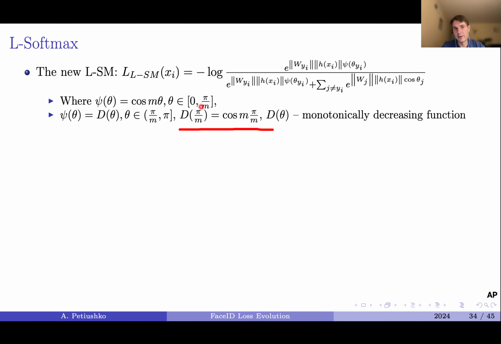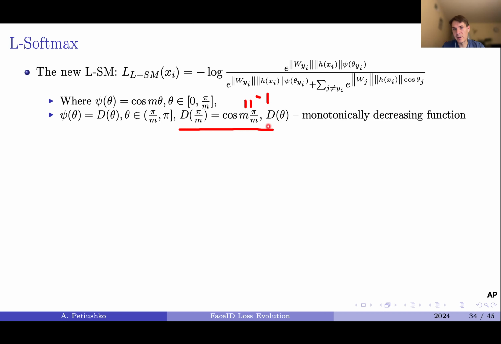So at the left point, D of pi over m should be the same as cosine of m multiplied by pi over m, so basically cosine of pi, which means -1.